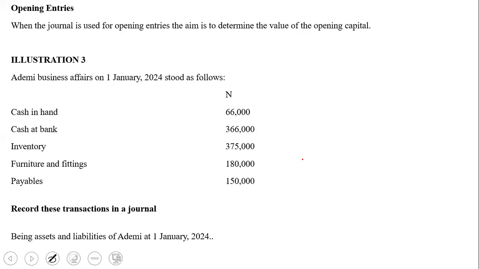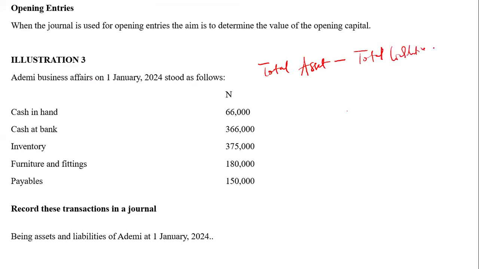Now that same thing we also do. Don't forget that we said we also use journal in order to get our opening capital. From what we have been taught in our previous class, we all know capital is total assets minus total liabilities. So in this case, we can look at this.